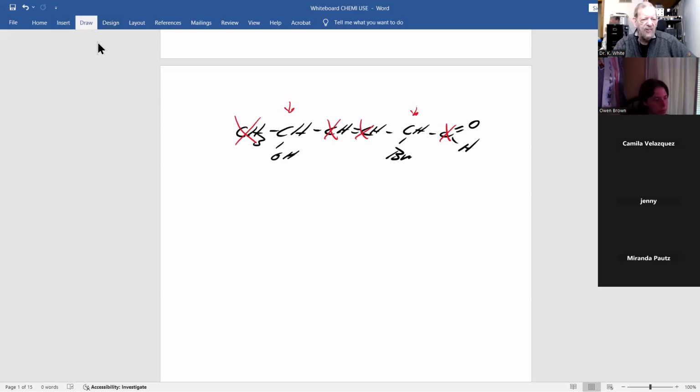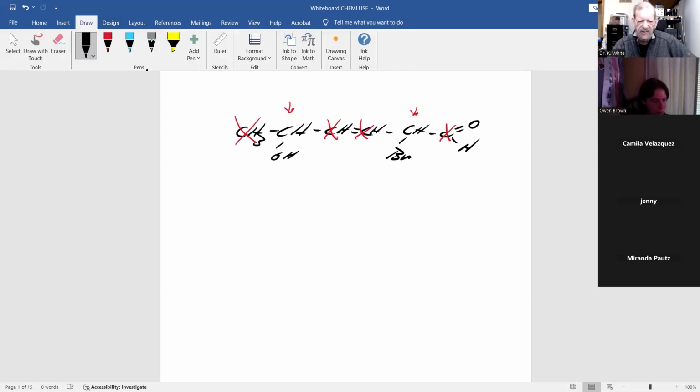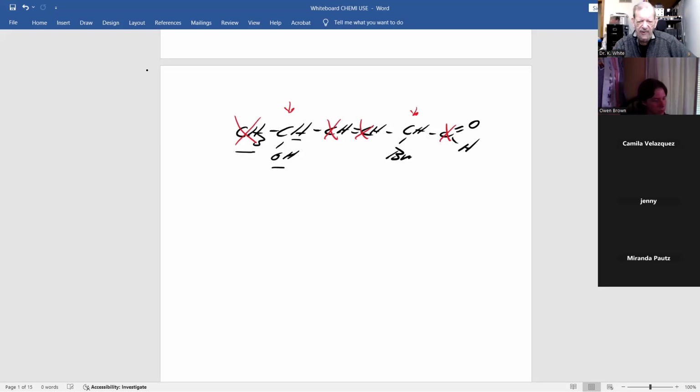And if we look at these 2 carbons, hydrogen, hydroxy group, this is an R group, this whole thing would be R prime, 4 different groups. So you'd circle that.